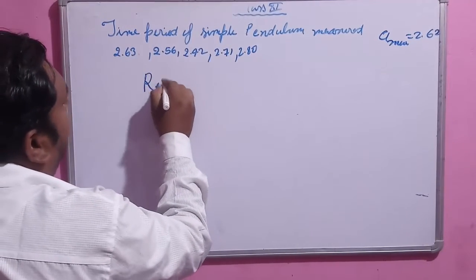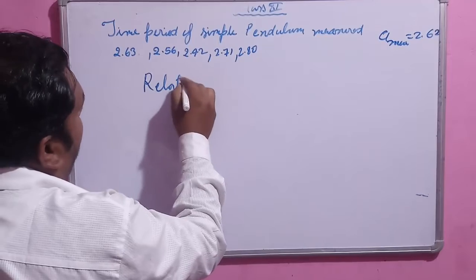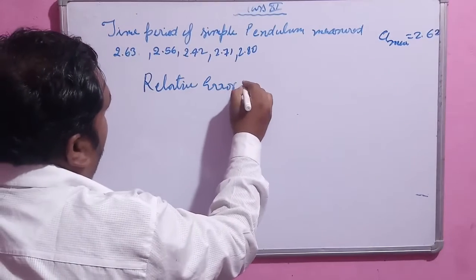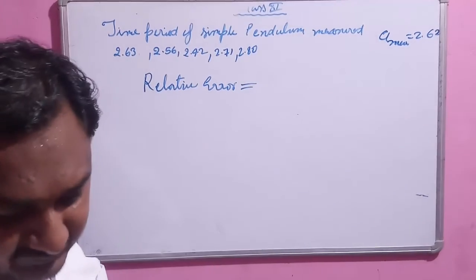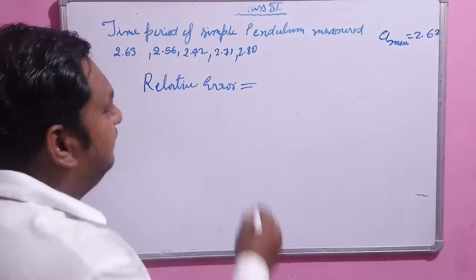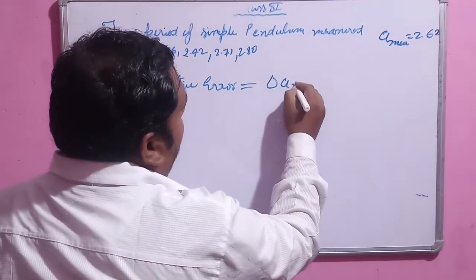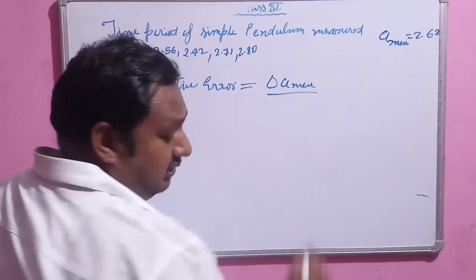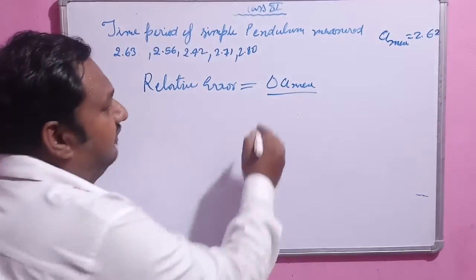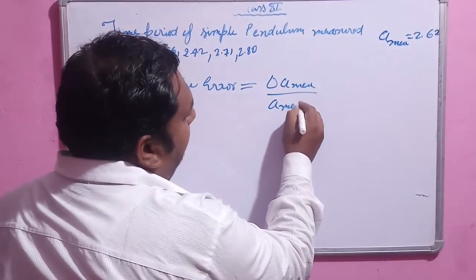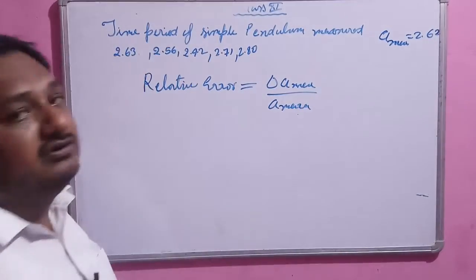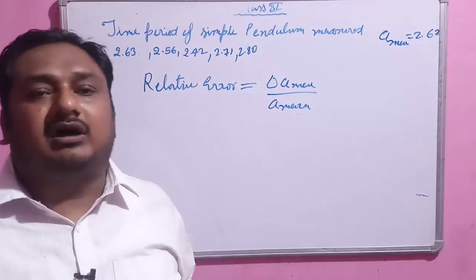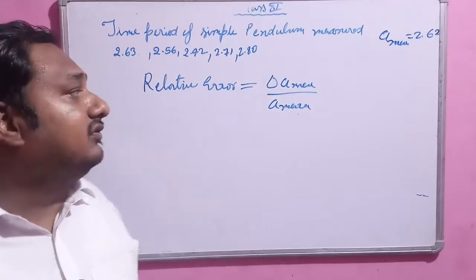Relative error is the ratio of the mean absolute error upon our mean average value.